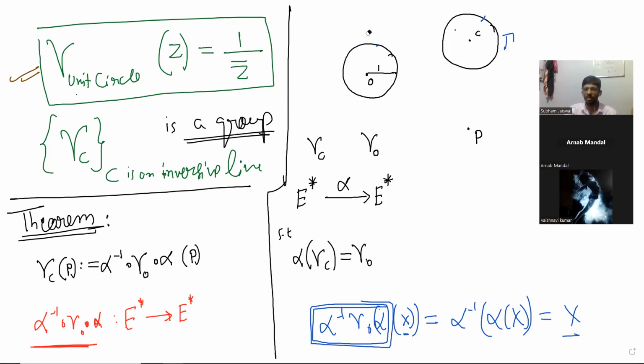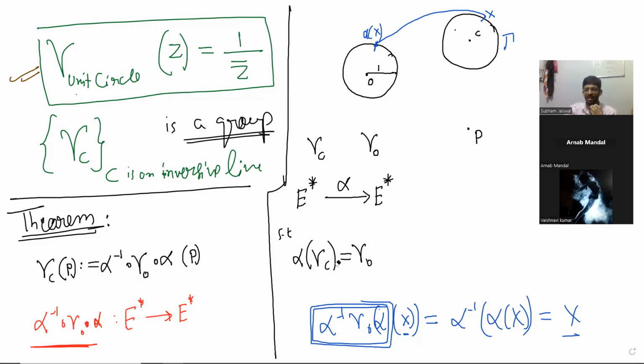So the picture is what? If you take X on this capital gamma and apply alpha X, then it goes here somewhere, on gamma naught.